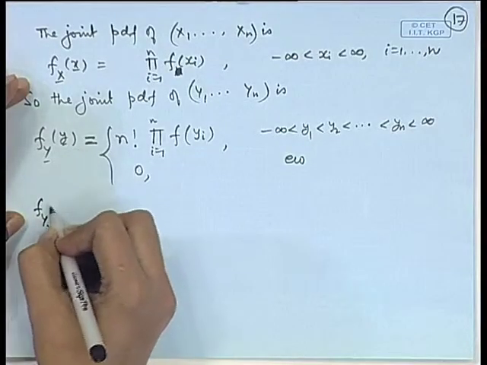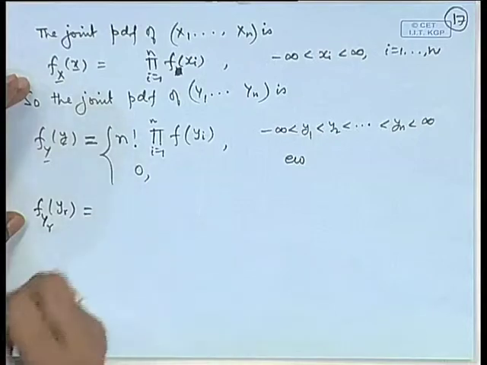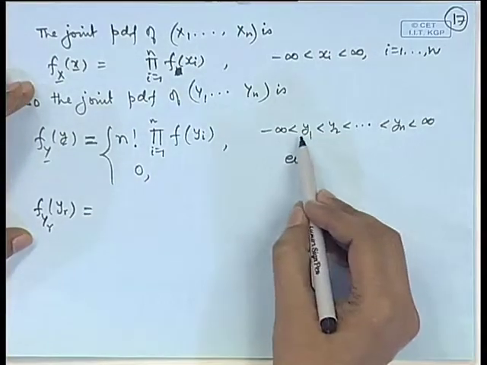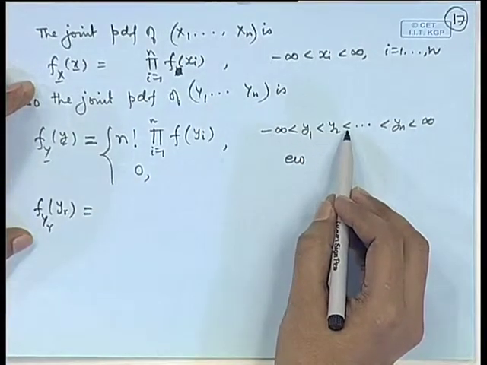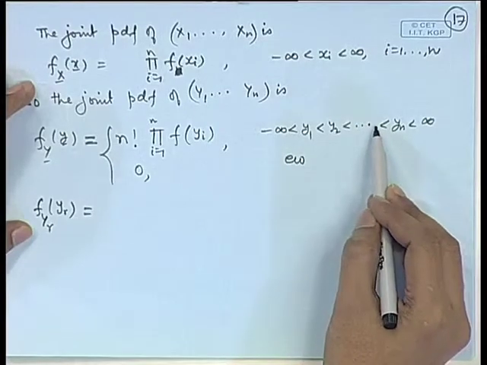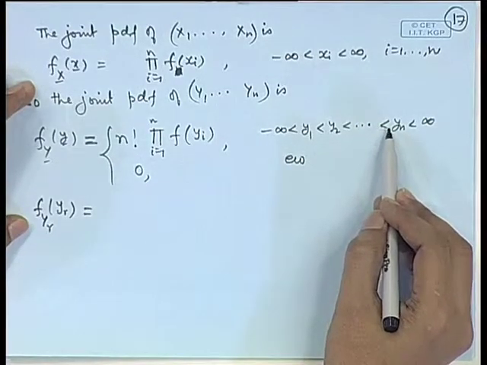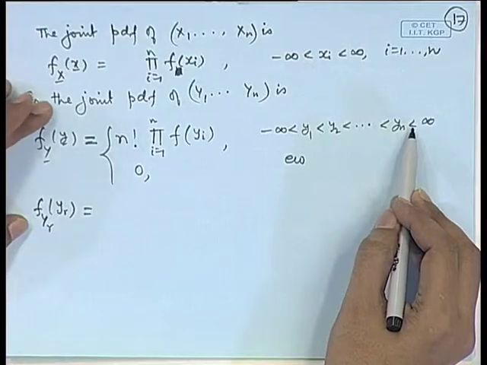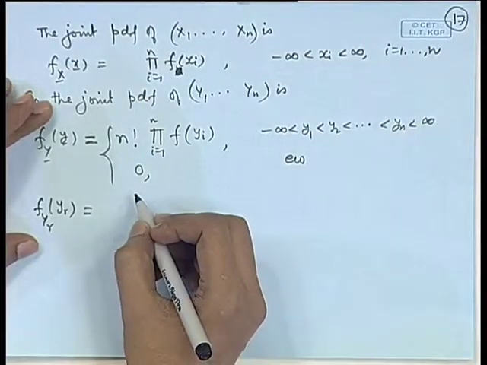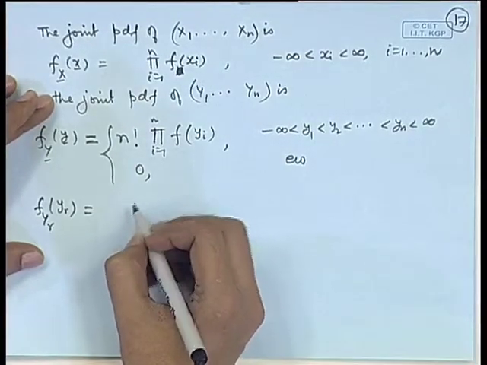Now, suppose we are interested in the distribution of say the rth order statistic, say what is f of y r, then we need to integrate over y 1, y 2, y r minus 1 and y r plus 1, y r plus 2 up to y n. So, we can devise a scheme for integration.